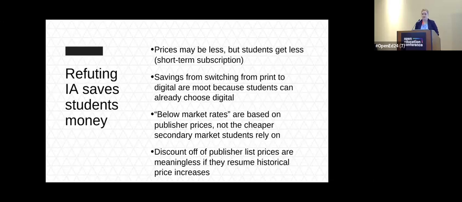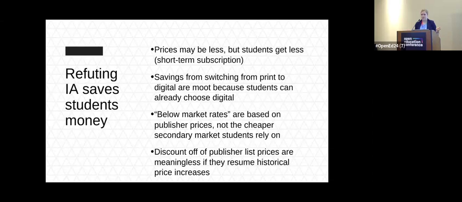Particularly in the US, where there's three major publishers who are kind of having an effective monopoly, or whatever the equivalent of monopoly between three is, for publisher prices. So the goal of this is really to eliminate the secondary market that students rely on, like borrowing from their friends, getting a rental option, buying a used textbook, that sort of thing.